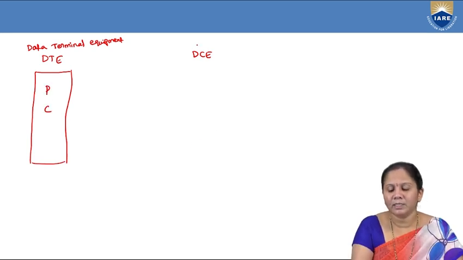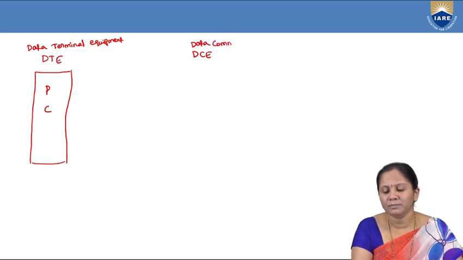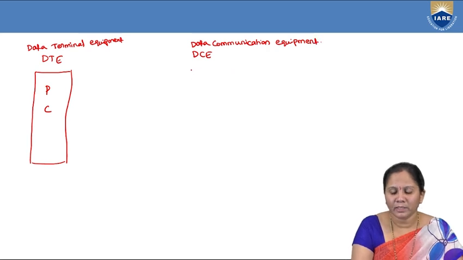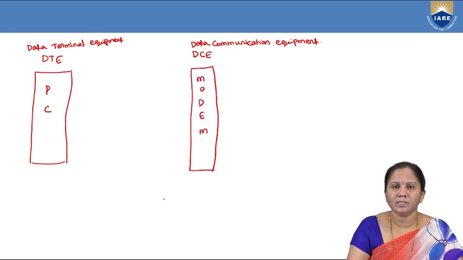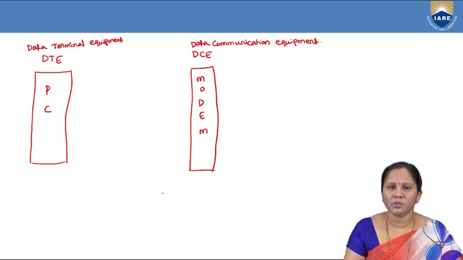And this DCE stands for data communication equipment. This DCE may be a modem, because we have just discussed these handshaking signals with respect to the modem, whether the signal is an input terminal for the modem or an output signal for the modem.